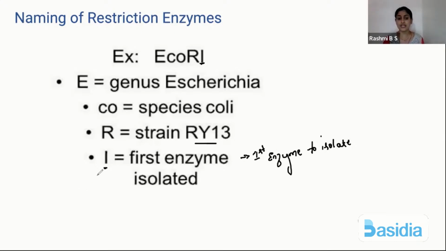Hence we write the Roman numeral 1. If this enzyme is the second enzyme, then we write EcoR2, EcoR3. Like that, we indicate the Roman numerals in front of the naming. I hope this clears your doubt.